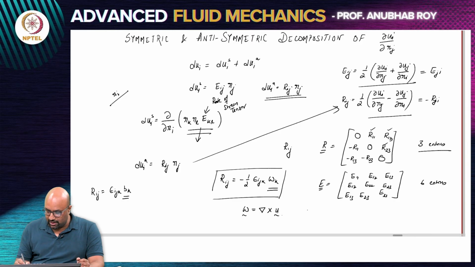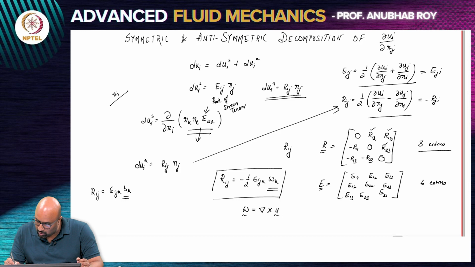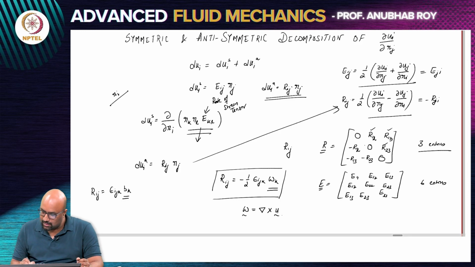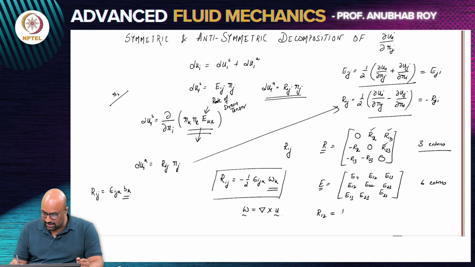So, if you look at individual components, so let us say, wait, sorry, this should have been R12. R11 will always be 0. So, it should be R12. So, let us say if you take R12, R12 is half of dou U1 dou R2, where indices 1 and 2 are basically the directions, minus dou U2 dou R1.